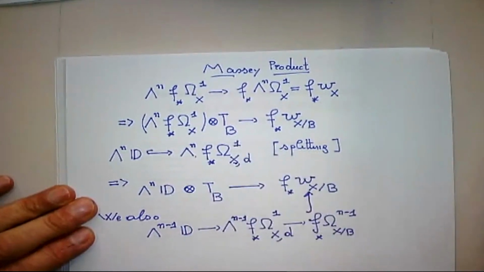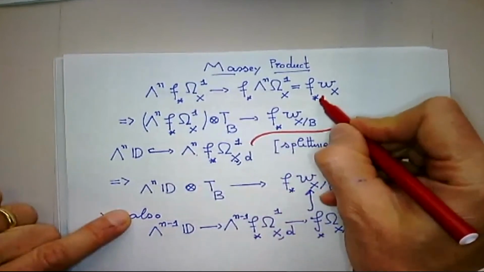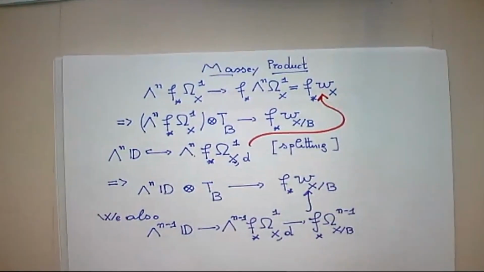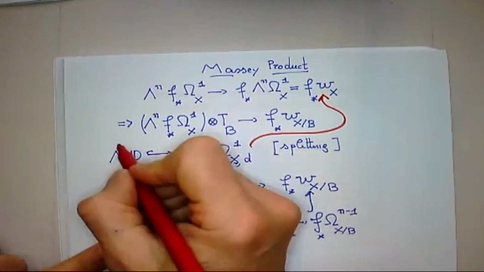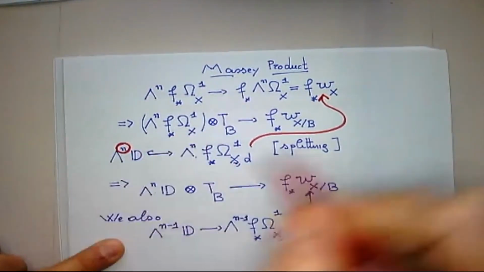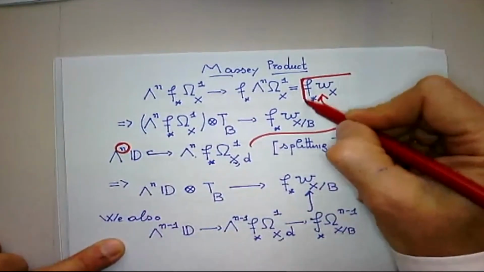But this object goes inside the push forward of the canonical of the variety. So this n is, let me say, the right number to study objects here.